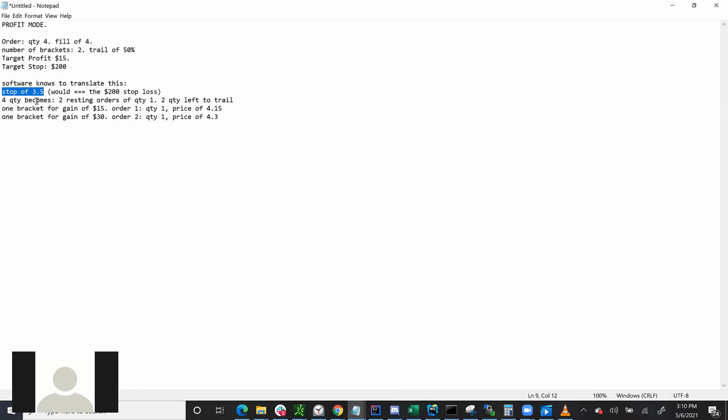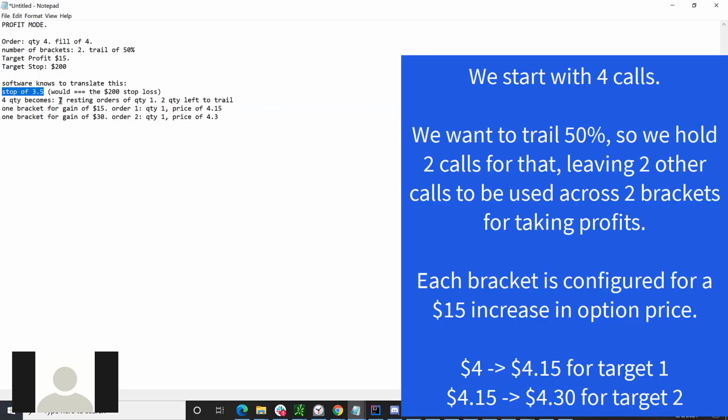The quantity of 4 is going to be translated into 2 resting orders of quantity 1. The 2 means the number of brackets, and because we have a trail of 50%, the trail of 50% is going to translate into 2 quantity left to trail. So 1 bracket is going to be for a gain of $15, and another is going to be for a gain of $30.